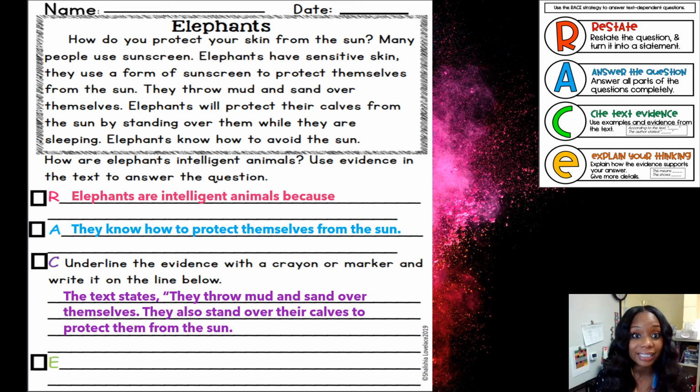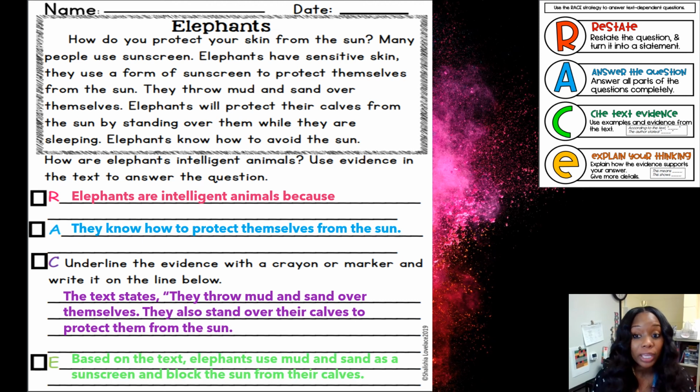So the text states, "They throw mud and sand all over themselves. They also stand over their calves to protect them from the sun." That is evidence proving that they are intelligent, okay? They are smart enough to know how to put mud on their bodies to protect themselves from the sun and to stand over their calves so they won't get hot.